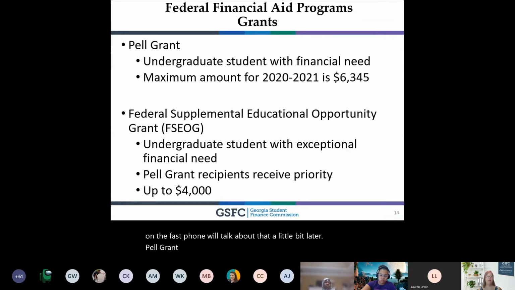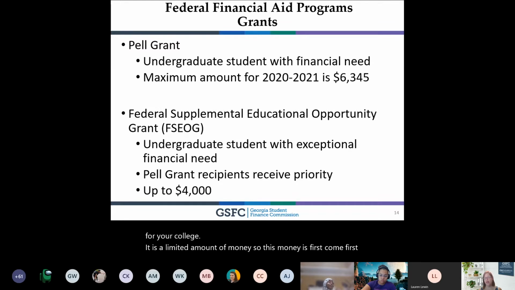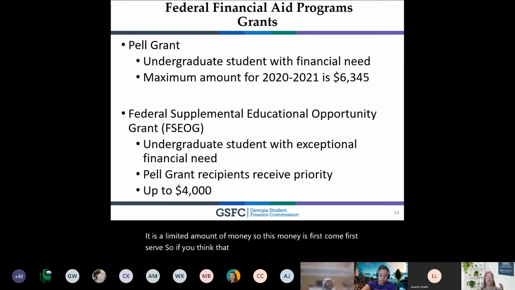The Federal Supplemental Educational Opportunity Grant is also free money to be able to use for your college. It is a limited amount of money, so this money is first come, first serve. So if you think that you would be eligible for that type of money, meaning you and your parents have really low income, that means you want to apply early.